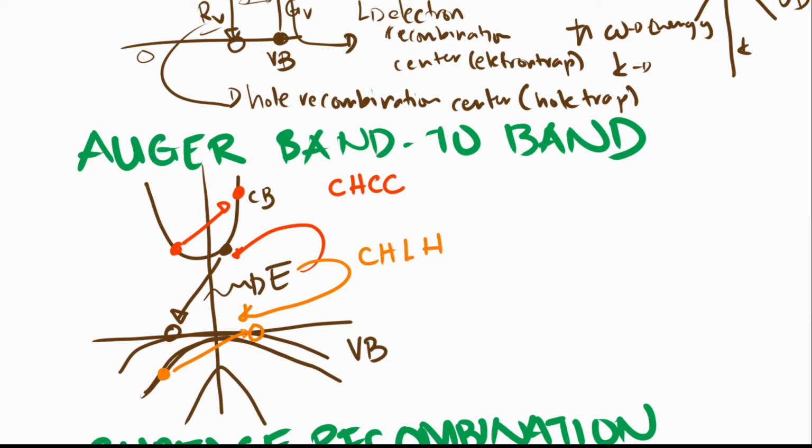And the last possible mechanism for Auger band-to-band recombination is when the energy is absorbed by an electron in the split-off band and is promoted into the heavy hole band. This one is the CH-SH recombination.